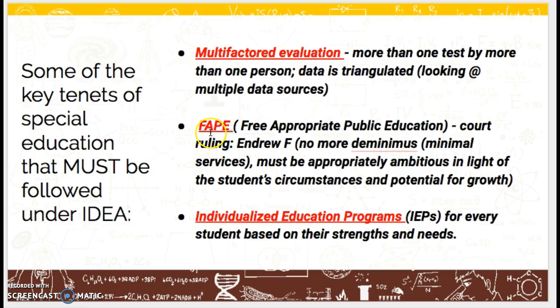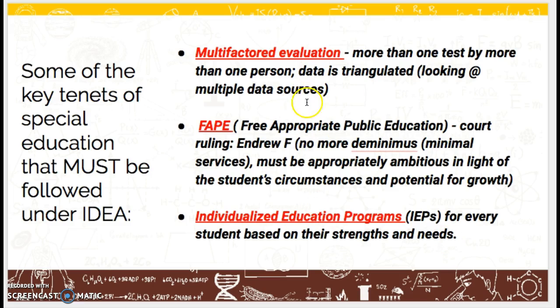We have the concept of FAPE, that free appropriate public education. The federal courts have ruled that we must provide services that are appropriately ambitious, that's the Andrew F. standard, in light of the student's circumstances and potential for growth, and any student that qualifies for service must have an individualized education program that's based on their strengths and needs.